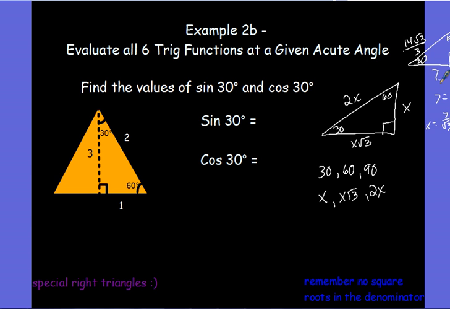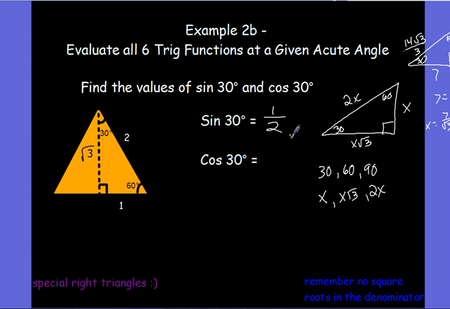According to this picture, I give you a 30, 60, 90. Does everybody see that it is a 30, 60, 90? I tell you this is 1, this is 2, and this is actually square root of 3. So what's the sine of 30? It's opposite over hypotenuse, which in this case is 1 over 2.